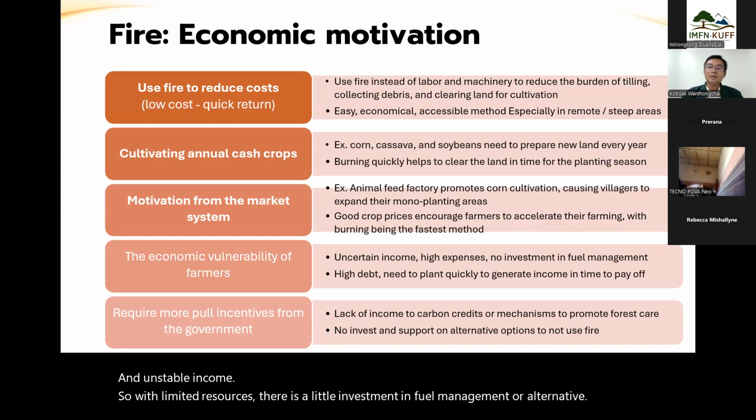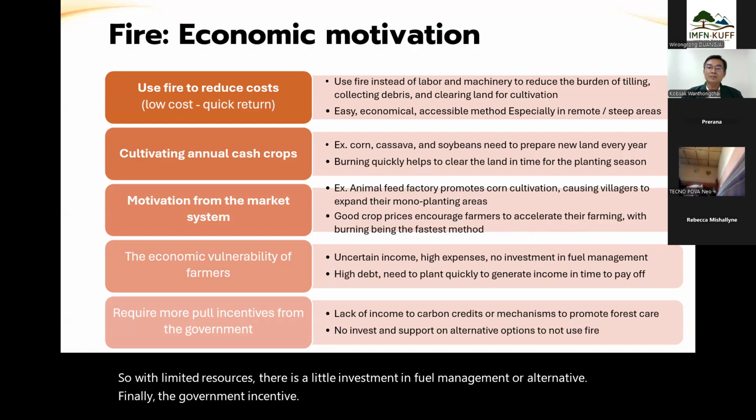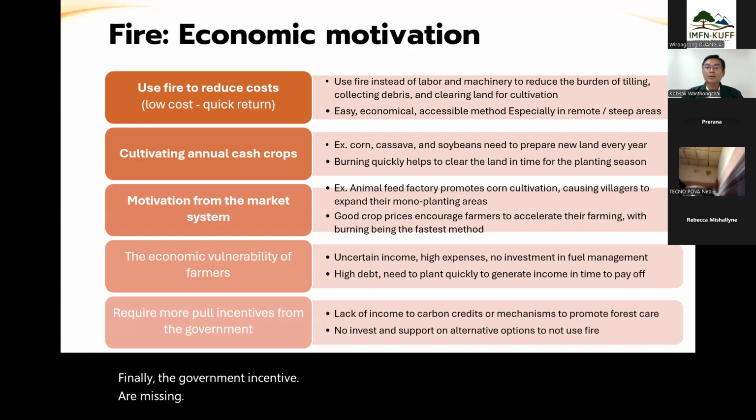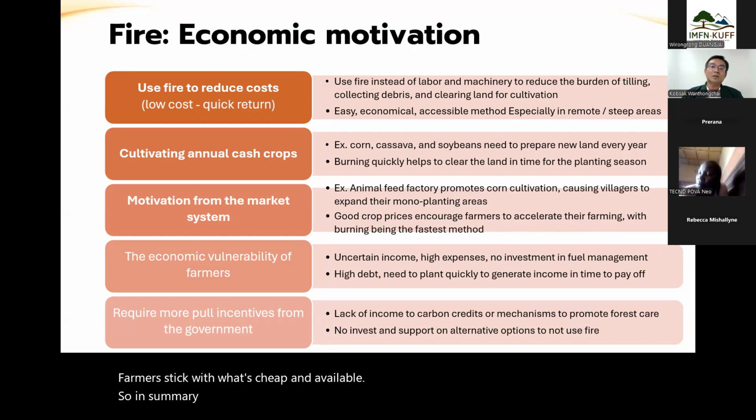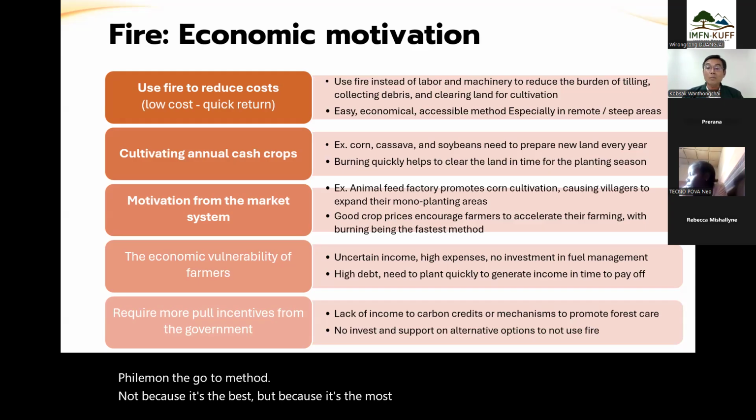Finally, government incentives are missing. Without access to carbon markets or financial support for non-burning methods, farmers stick with what's cheap and available. So in summary, for the economic motivation, fire remains the go-to method, not because it's the best, but because it's the most economically viable for vulnerable farmers.